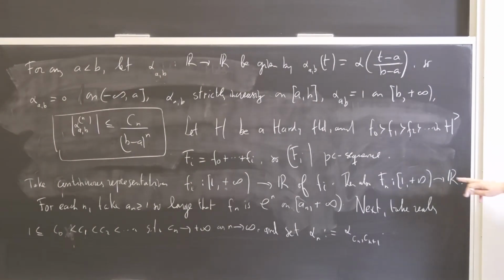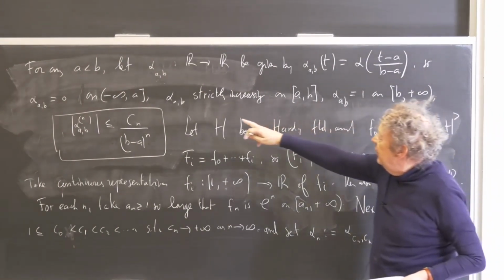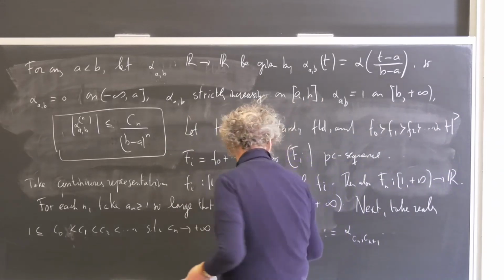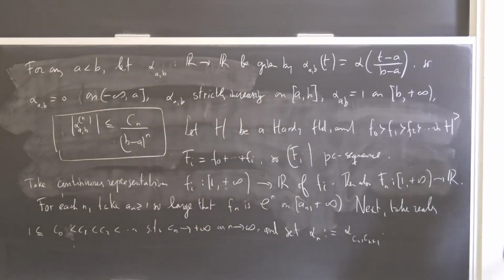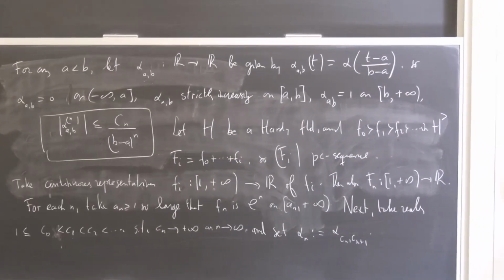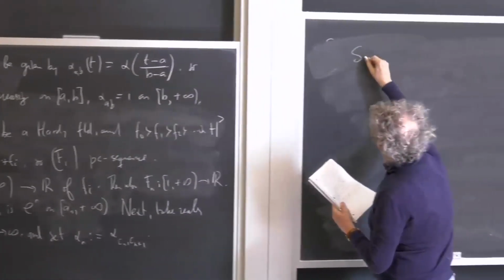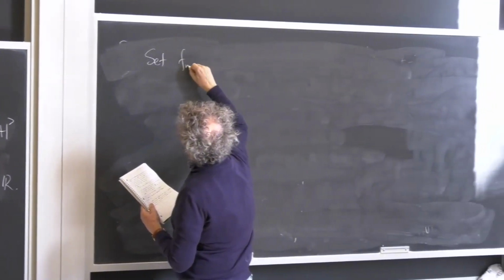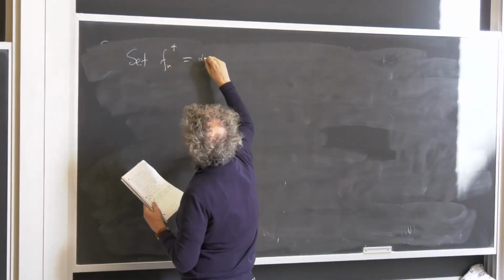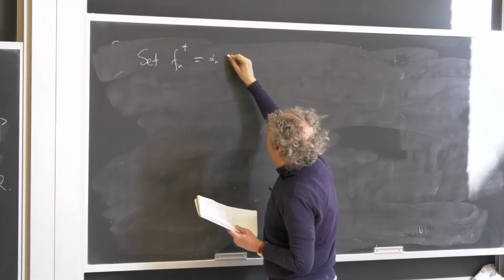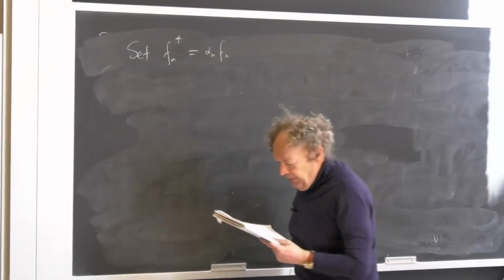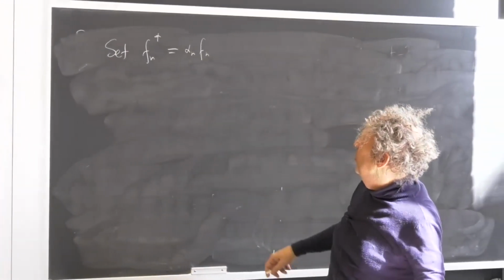Now we are going to adjust the f's, the little f's, by multiplying by alpha n. So set little fn star equals alpha n times fn. We just multiply fn with alpha n, and of course that doesn't change the germ at all.